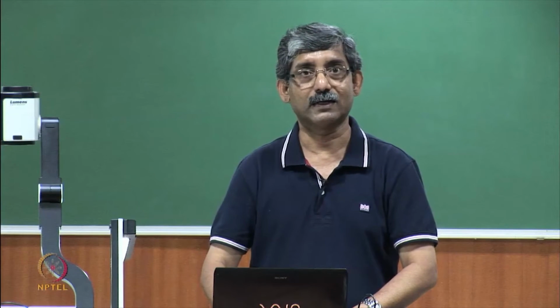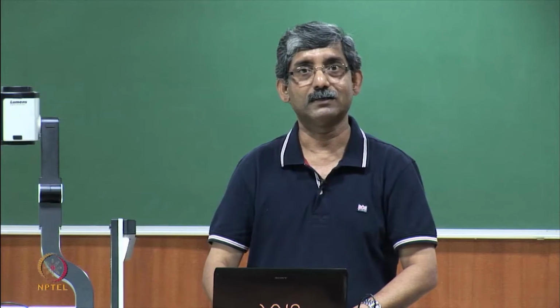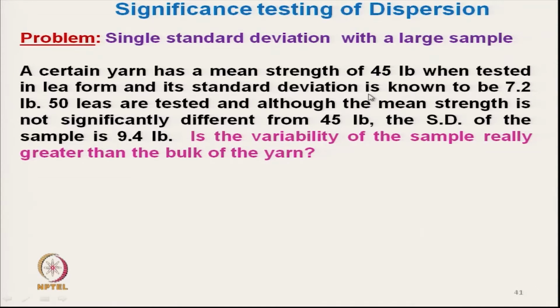So, a certain yarn has a mean strength of 45 pound when tested in a Lea form, that is, 45 pound is the mean strength. Its standard deviation is known to be 7.2 pound, which means it is the nominal standard deviation.